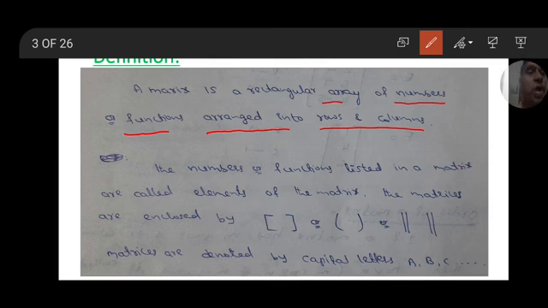Numbers or functions arranged in rows and columns, that formation is called a matrix.